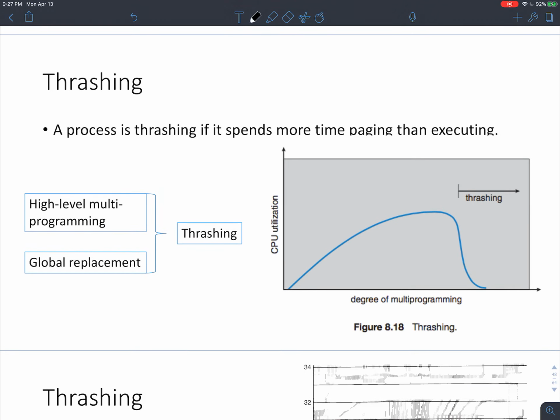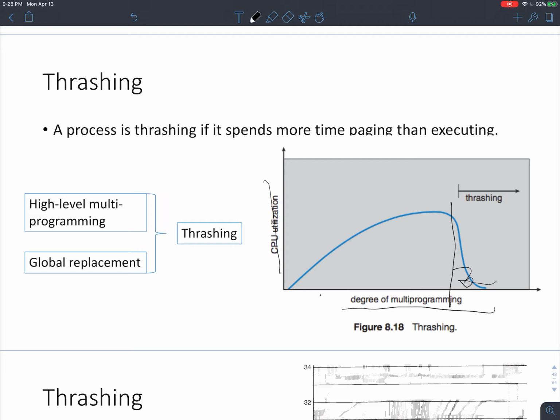This is the figure that describes the relationship between the degree of multiprogramming and the CPU utilization rate. As you can see, if we load a lot of processes into the physical memory, then our computer is going to be extremely busy with page replacement rather than letting the CPU execute the processes.